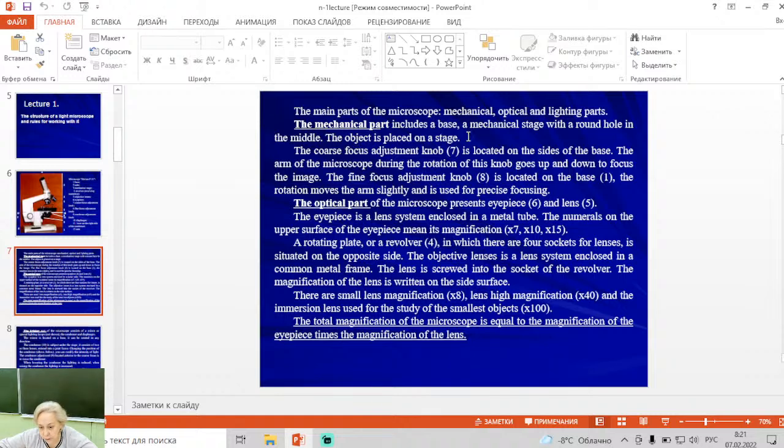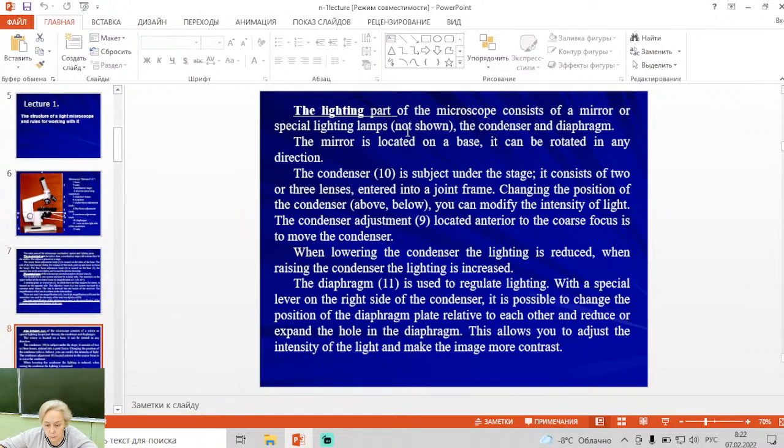On this slide you see the description of mechanical parts, optical parts, and lighting parts of the microscope.